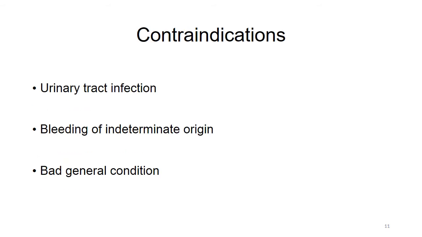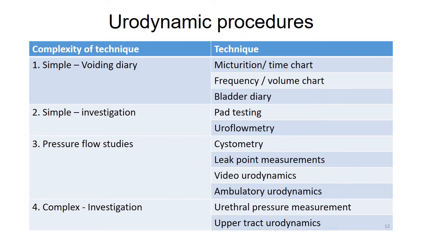Going to contraindications. The absolute contraindication for urodynamics is urinary tract infection. Other contraindications are bleeding of indeterminate origin, bad general condition, etc. These are the commonly used urodynamic procedures.